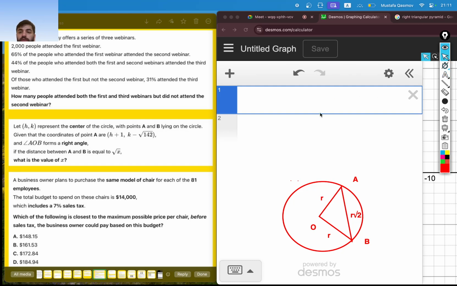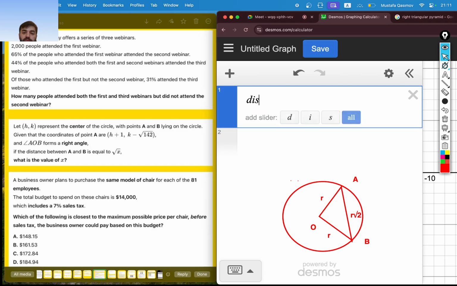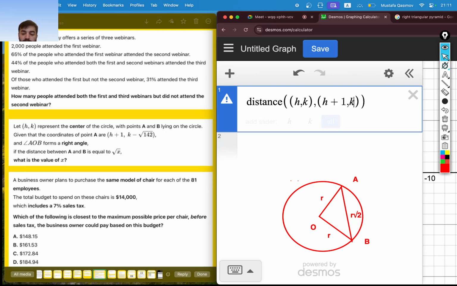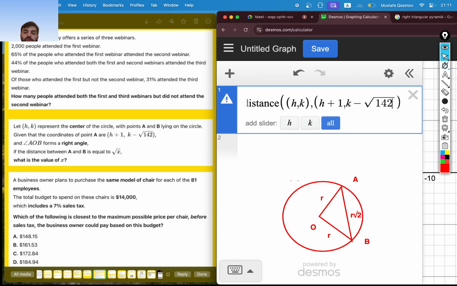Then we have to write here like that. We can find the radius by finding just the distance between these 2 points. Distance. So we have to write both points here, H and K. H plus 1 and K minus square root of 142.